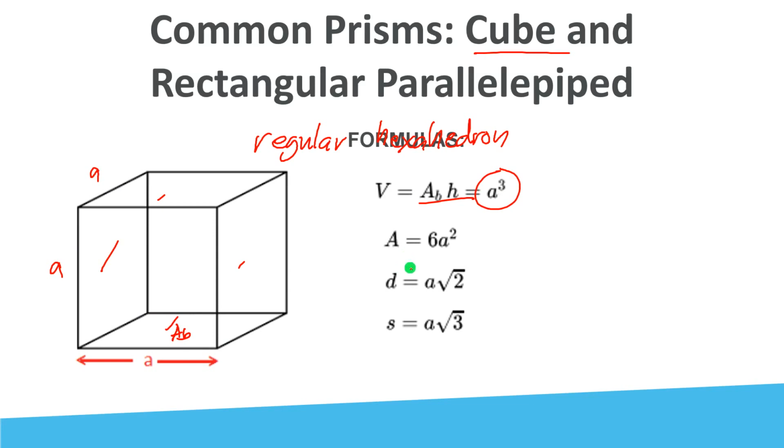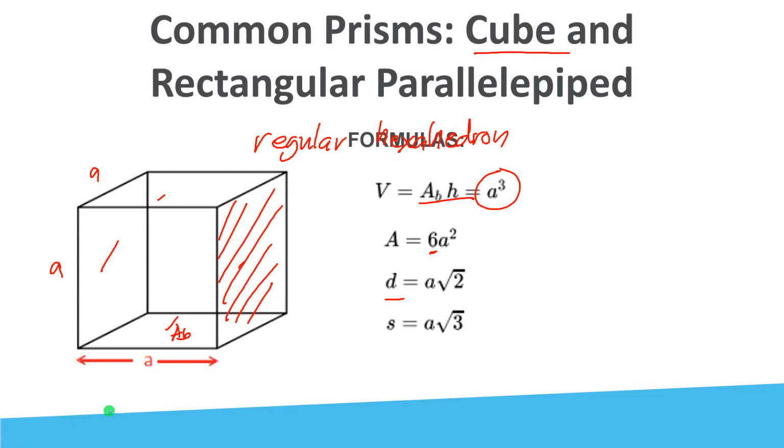For the total surface area of the cube, just compute the area of one face. So length times width, A times A. We have A squared, and multiply it by the number of faces, which is 6. For the face diagonal D, the face diagonal here is this one.